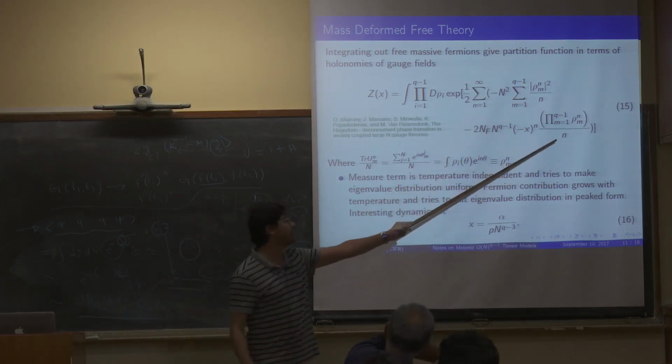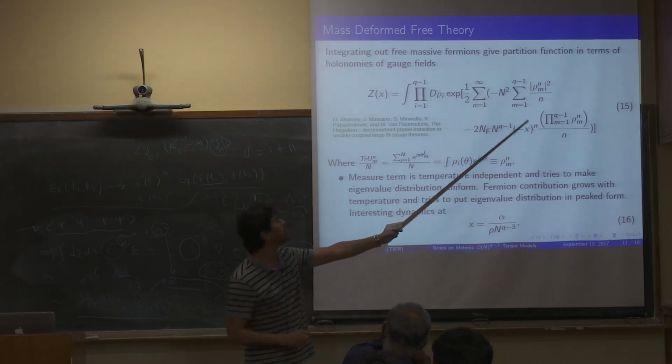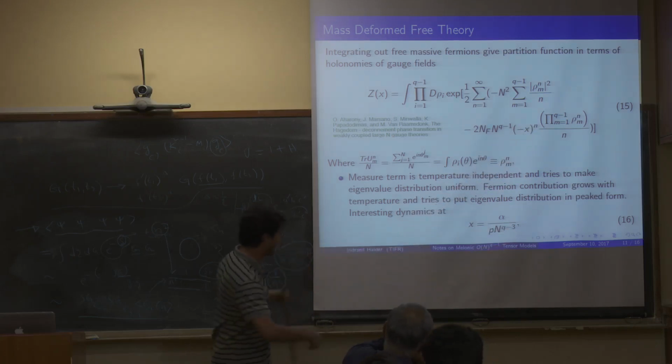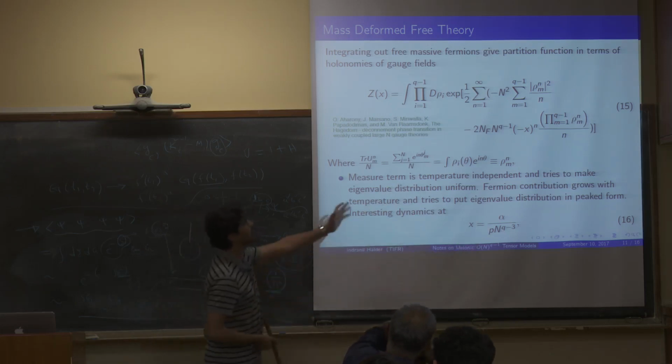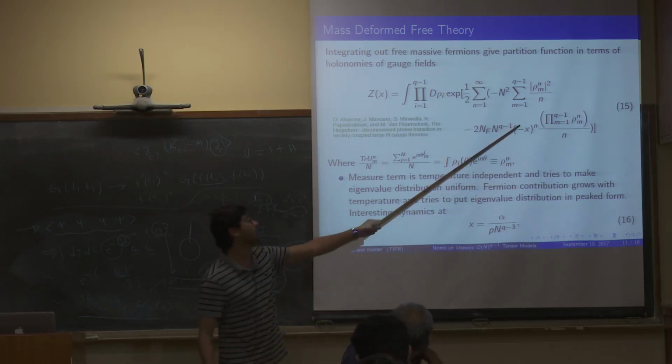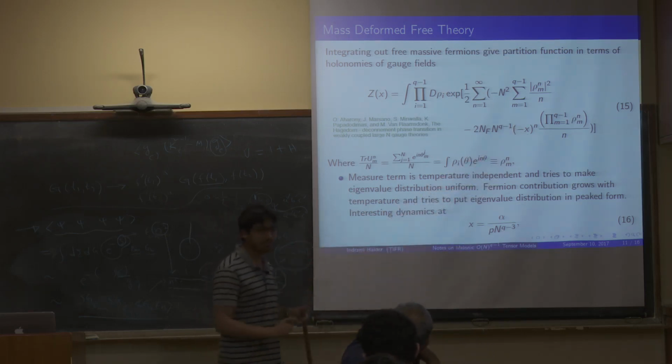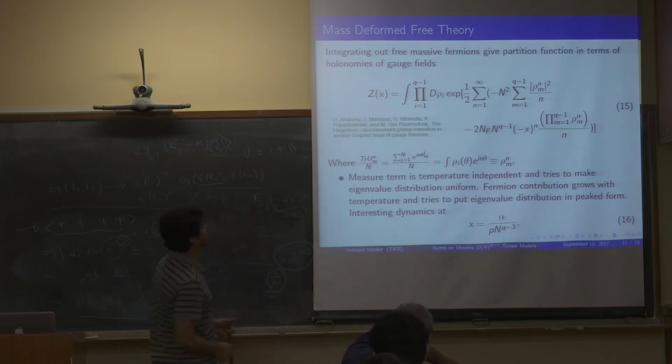Whereas this fermion part, it can be proved after a small calculation, tries to make the distribution peaked somewhere. So they are opposite. So definitely in this limit we expect something non-trivial going on, some interplay between these two things. And in this limit you can also drop higher powers of x because they are subdominant. I will be calling this the scaling limit.